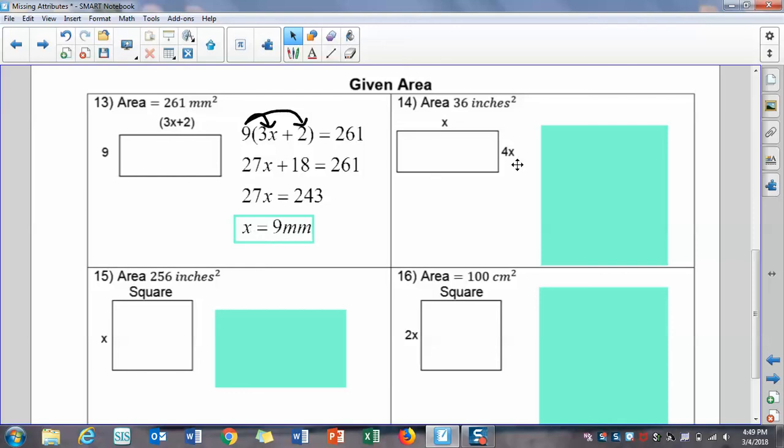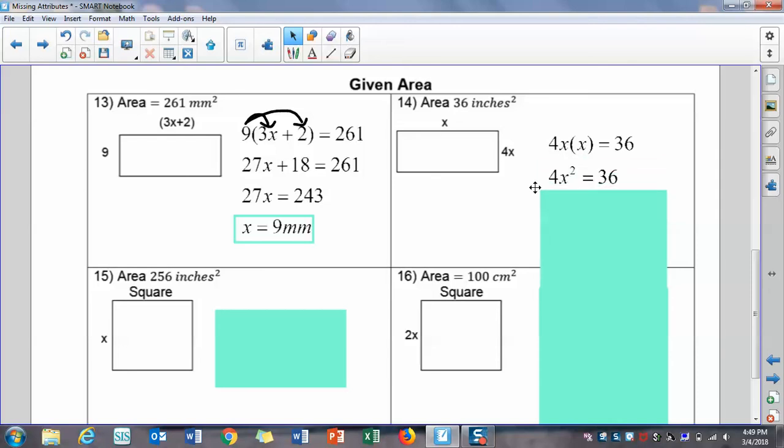Now, 14, we have an area of 36 inches squared. Here, we have a length of 4x and a width of x. So we're going to multiply those together, 4x times x, and set that equal to 36 inches squared. Now, x times x will turn into x squared, so we have 4x squared. Okay, and set that equal to 36.